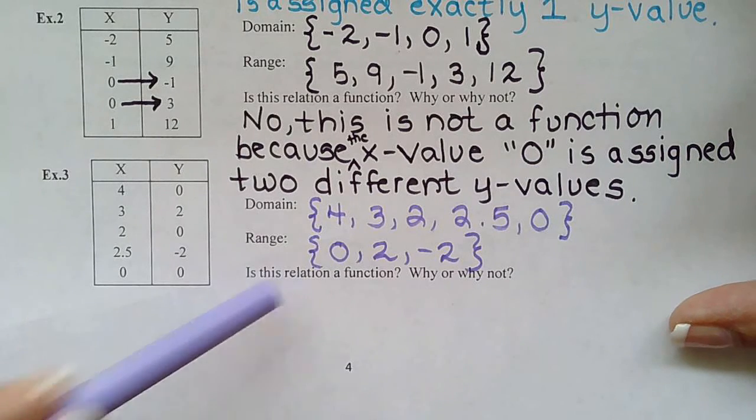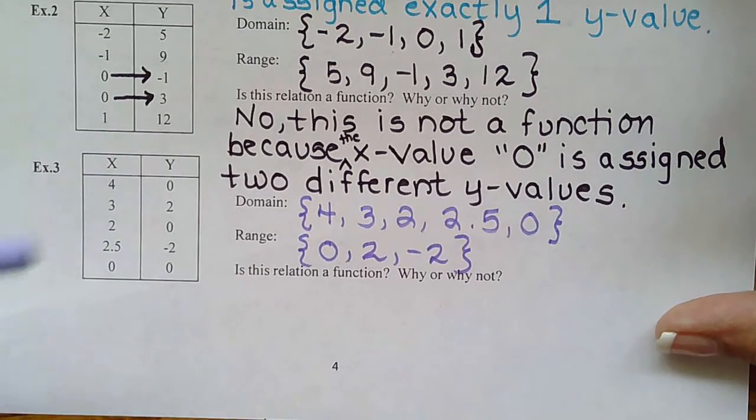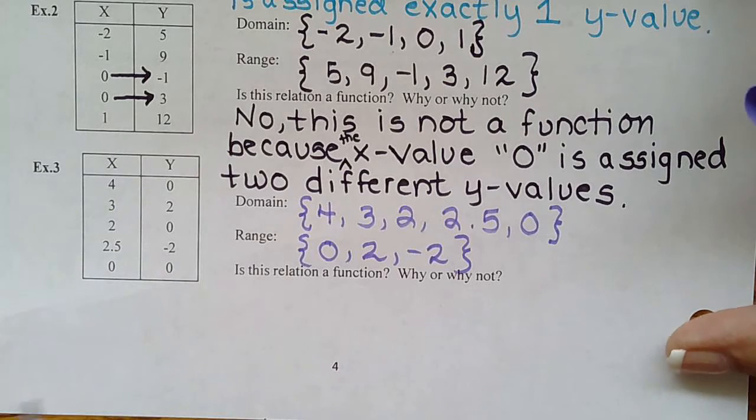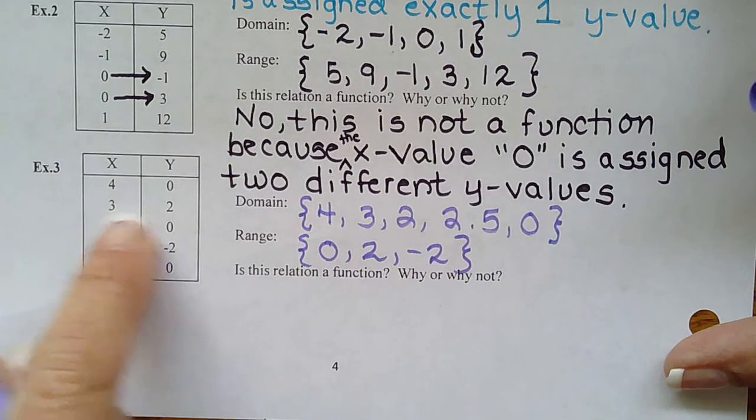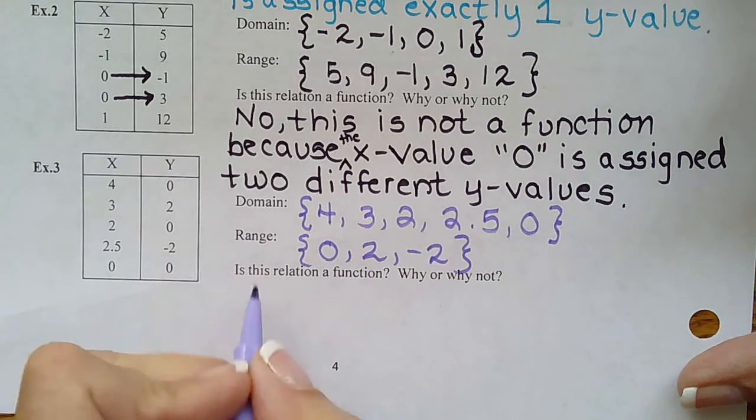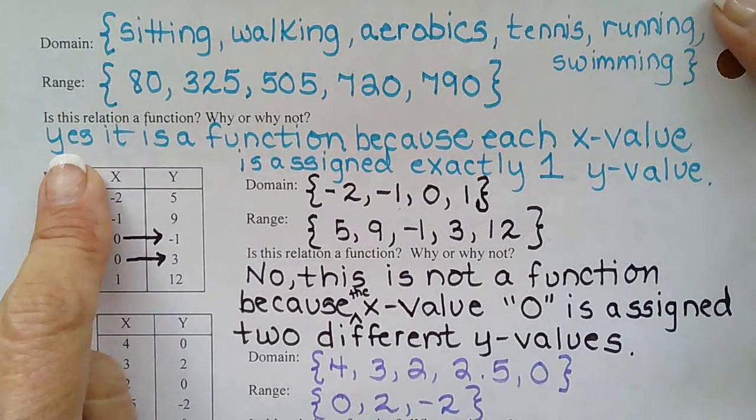So don't forget your set symbols. So is this relation a function? Look at your x's. Is there any x repeated? Nope. So that means it is a function because it can't be assigned two different y values if it's not repeated. So then write the same thing you did up here.